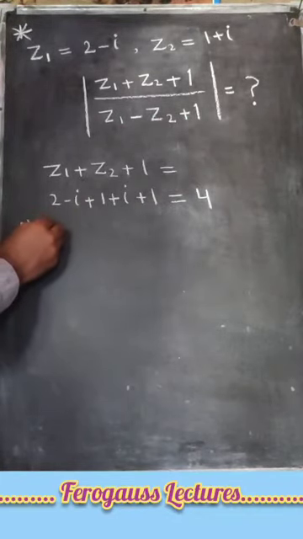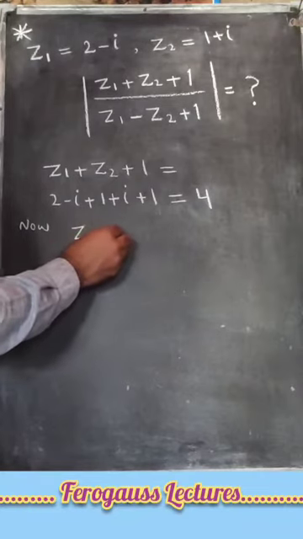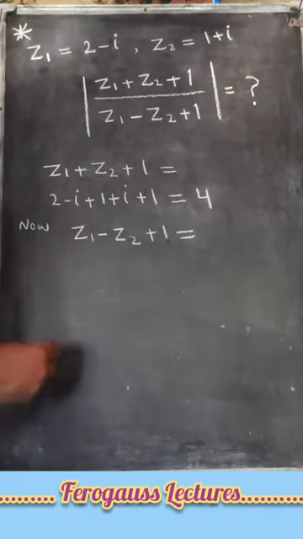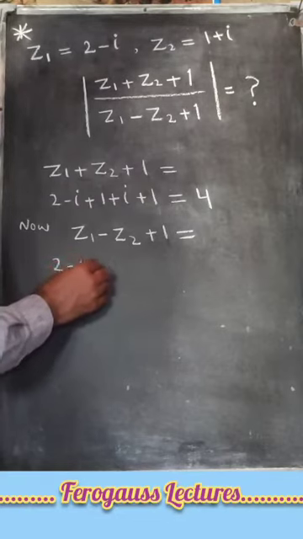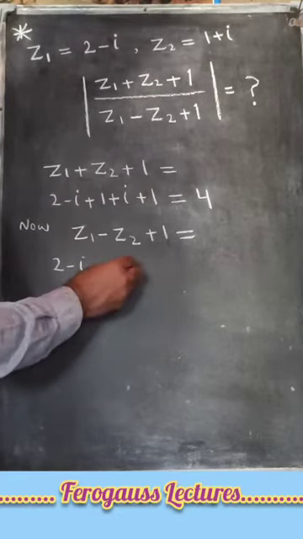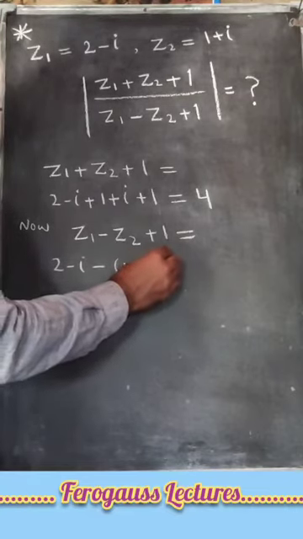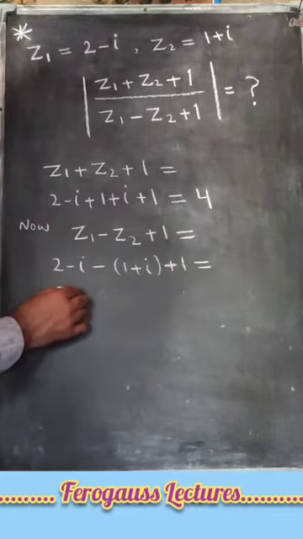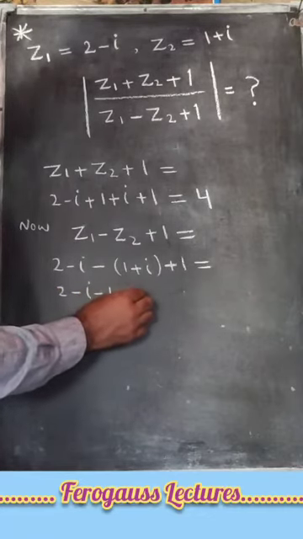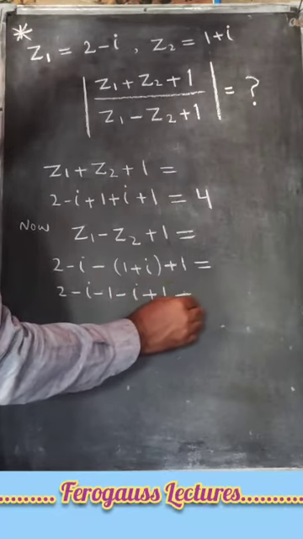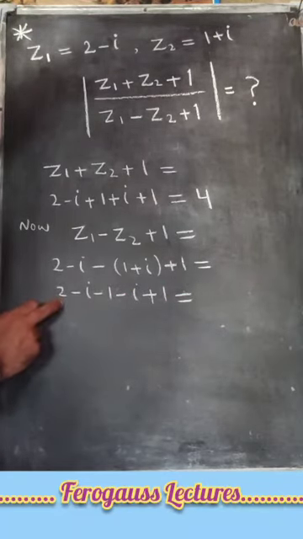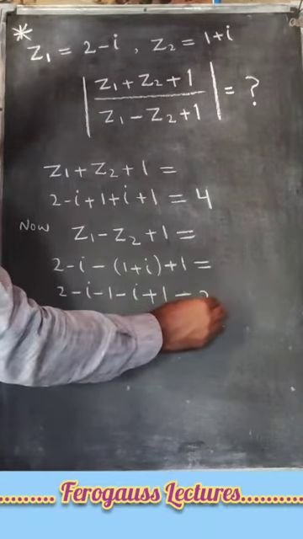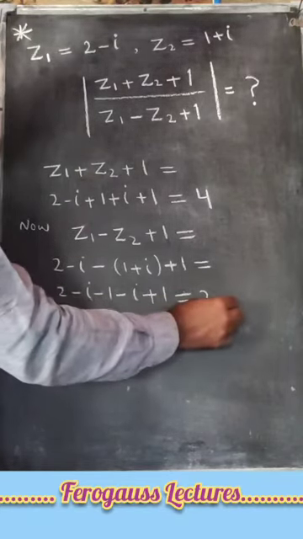Now Z1 minus Z2 plus 1 is equal to Z1 is 2 minus iota, then minus times Z2, that is 1 plus iota, then plus 1, that is further equal to 2 minus iota minus 1 minus iota plus 1, that is equal to 2 minus 1 plus 1, minus 1 plus 1 cancels, so we have 2, then minus iota minus iota is minus 2 iota.